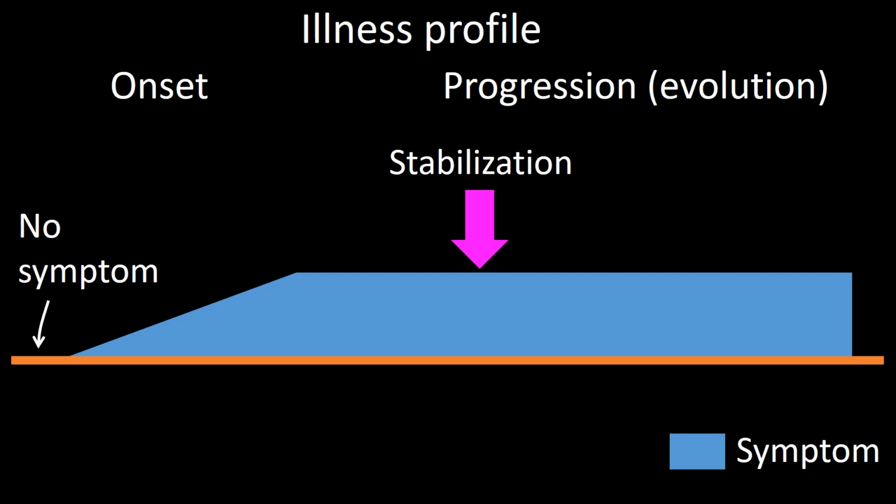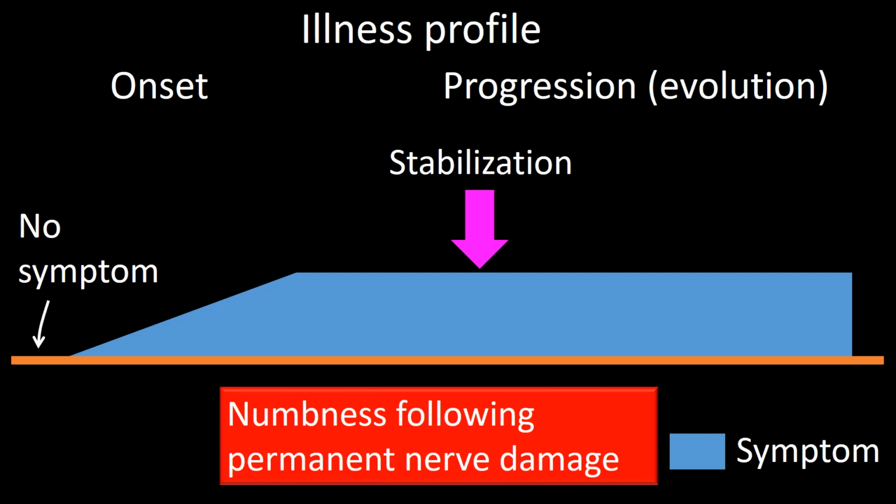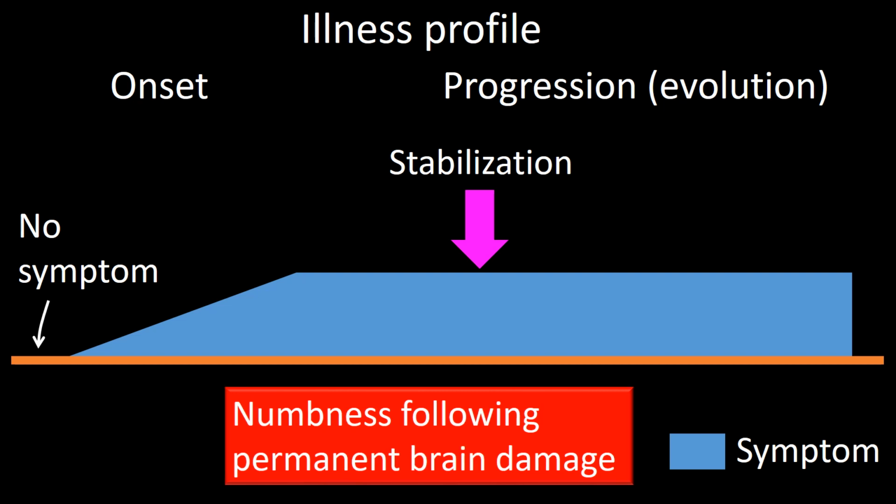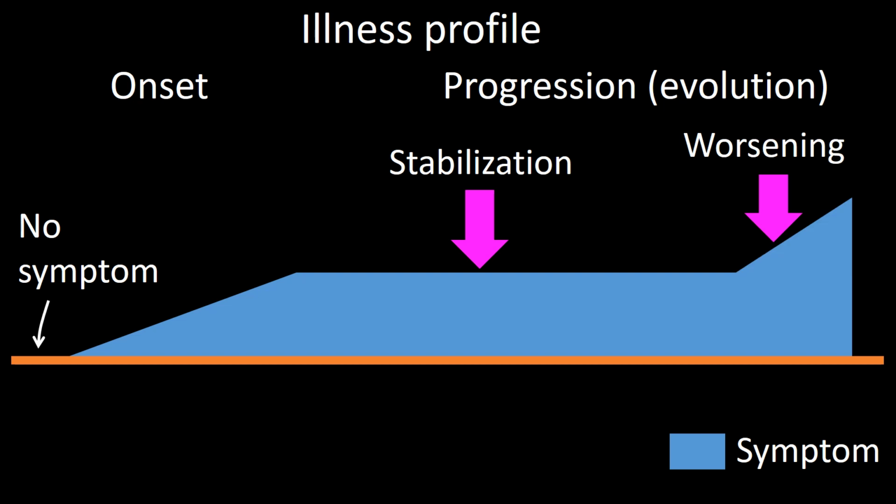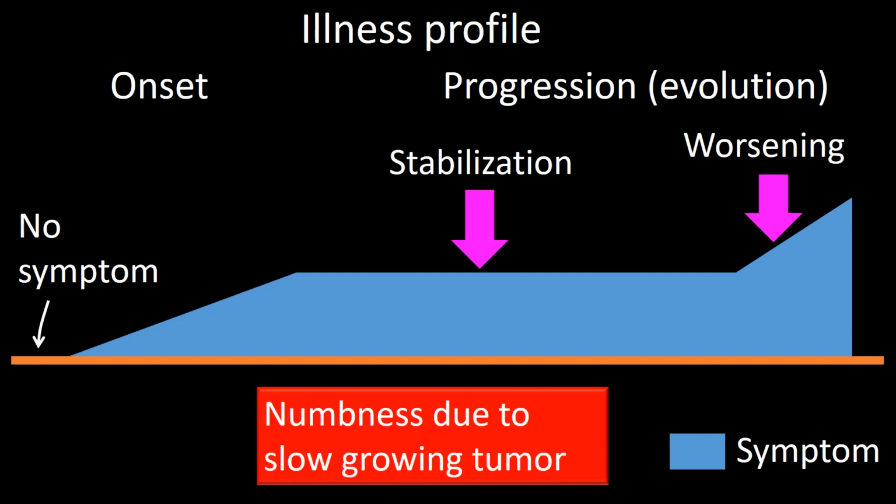Evolution can also be expressed by stabilization, as it would occur with numbness following permanent nerve damage or permanent brain damage. Another possible mode of evolution is for a symptom, after a period of stability, to worsen, as can occur with numbness due to slow-growing tumors in the central or peripheral nervous system.